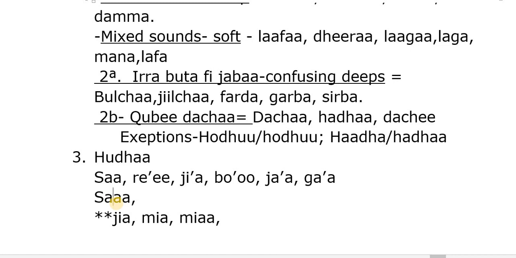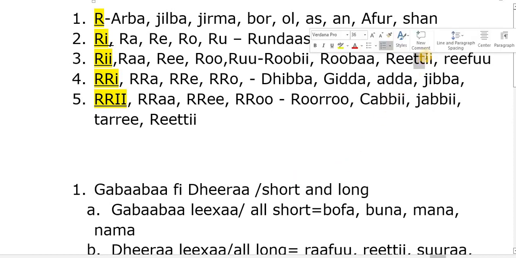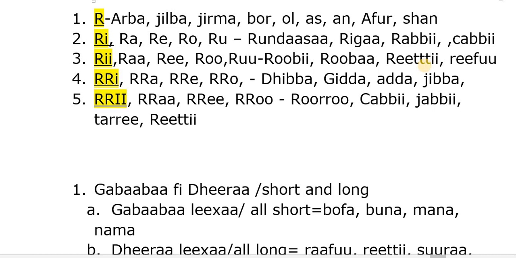The other rule is we never have three similar consonants following each other. Red T has two. I can't write red T with three. In the Oromo language there are no three similar sounds written following each other like this. It's wrong. If it is strong, two is enough.